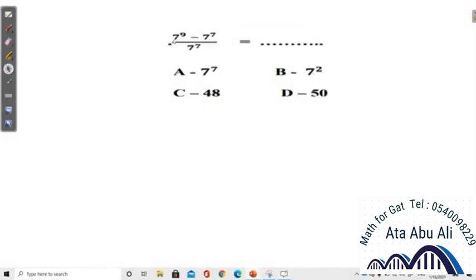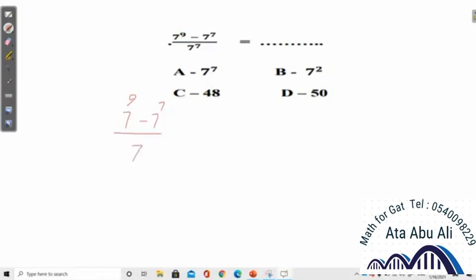Here is 7 to the power of 9 minus 7 to the power of 7 over 7 to the power of 7. We can do it in two ways. As you know, here I can make this 7 to the power of 9 minus 7 to the power of 7 over 7 to the power of 7.